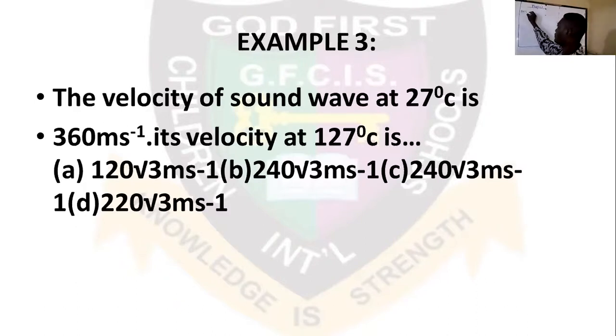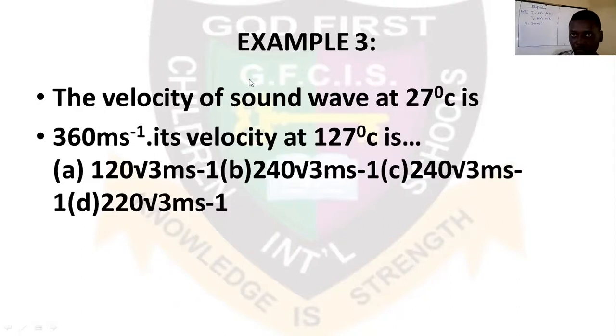The data given to us: T1 is equal to 27 degrees Celsius, convert to Kelvin. T2 is 127 degrees Celsius, convert to Kelvin. Then speed V is equal to 360 meters per second.